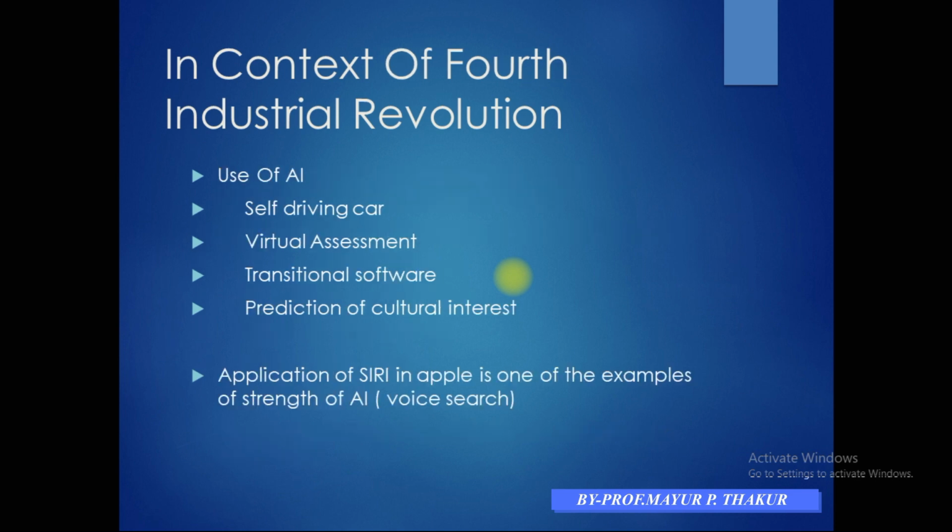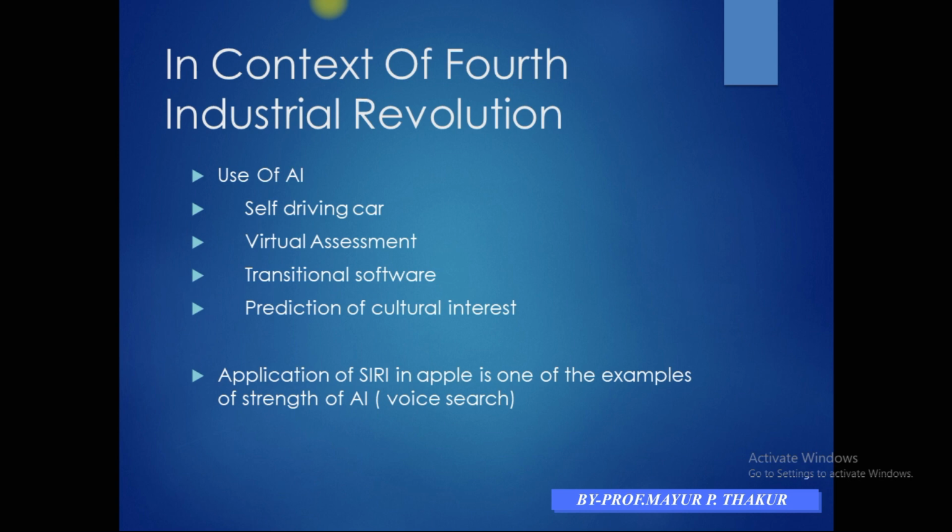So as a result, the objects produced are mutable and adaptable ones. The next context for the fourth industrial revolution is the use of AI, that is, artificial intelligence. The use of AI and machine learning has made possible self-driving cars, virtual assistants, translation software, prediction of cultural interest, and many other things. Everybody knows about the application of Siri.